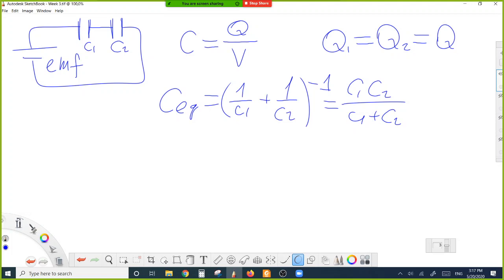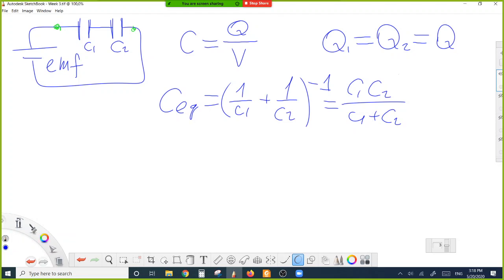Now we know the equivalent capacitance, and we know the voltage drop across the equivalent capacitance, which is exactly equal to the electromotive force.